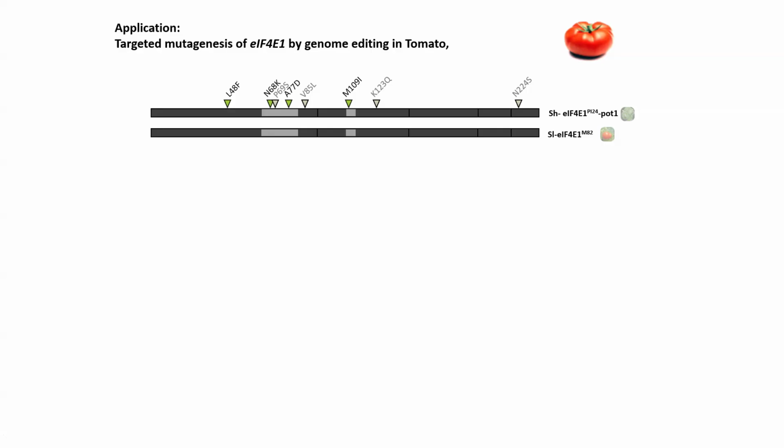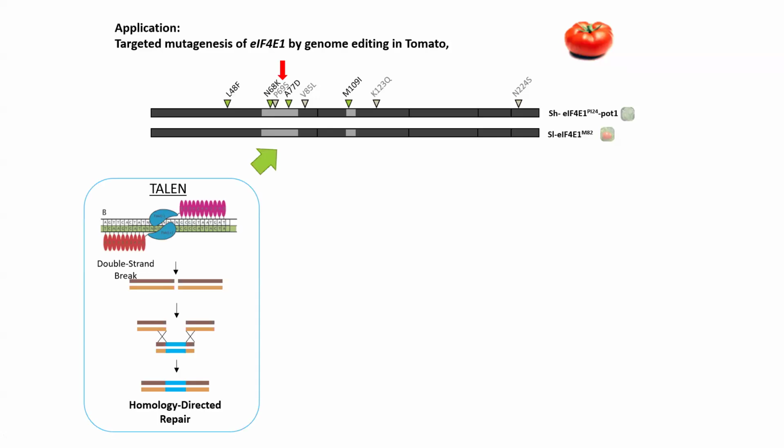And on the bottom, you got EI4E from the Solanum lycopersicum, that is a fully susceptible allele to the virus. And we didn't know which amino acid was the reason for the resistance, so we chose another tactic.